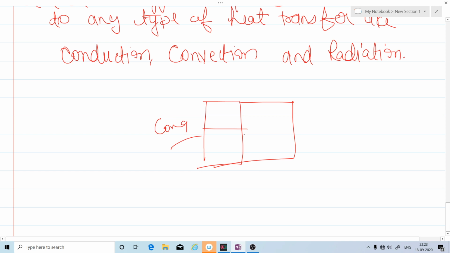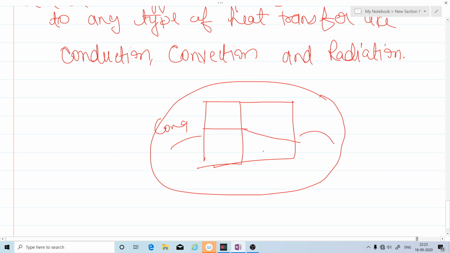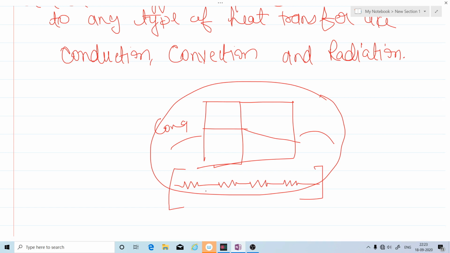Inside, conduction is there, again conduction, again convection. In this complete combination of many kinds of heat transfer, the one universal concept is the electrical analogy, that is drawing the thermal resistance circuit, and it will simplify our analysis.